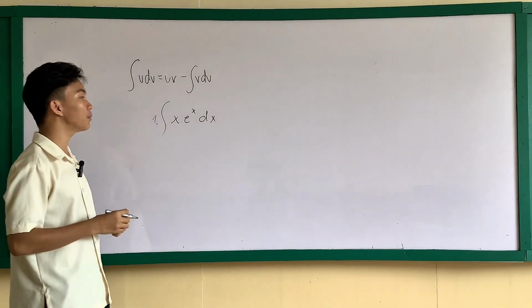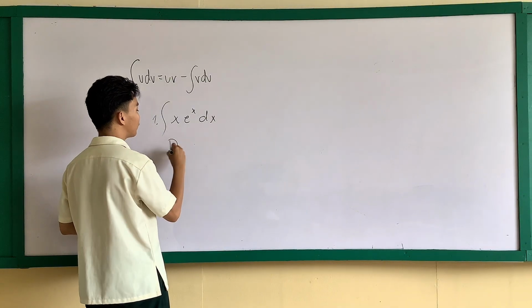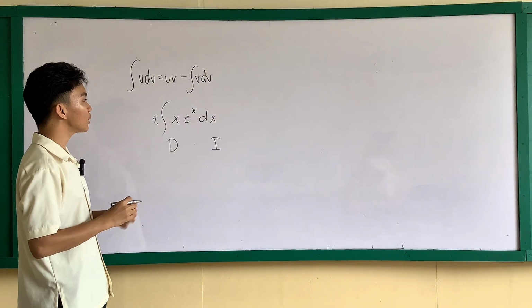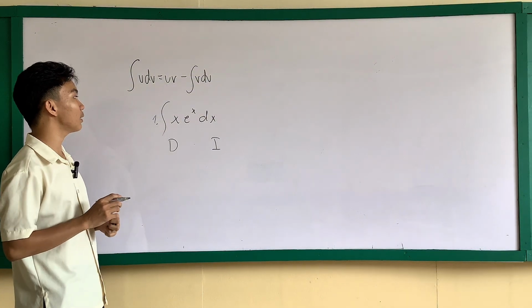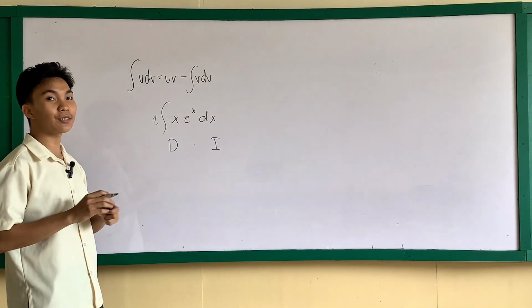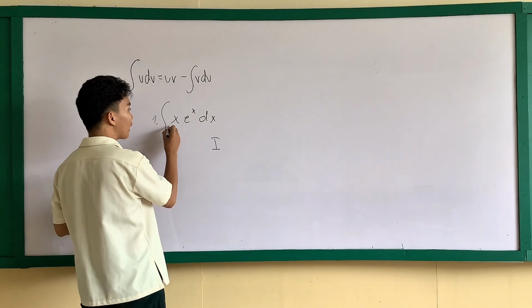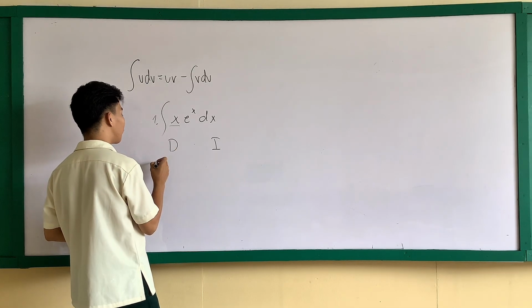In this problem, I will teach you a method that we can easily find the answer with, the DI method. But first, we need to find which of these functions we can easily derive and which we can easily integrate. Since x we can easily derive, we'll be using x as our u.